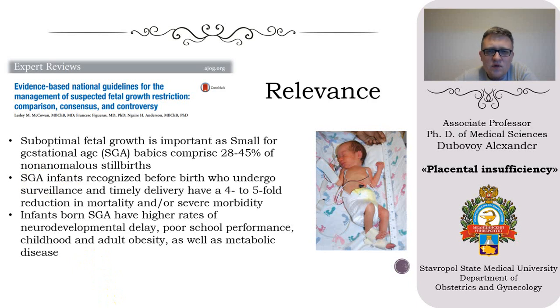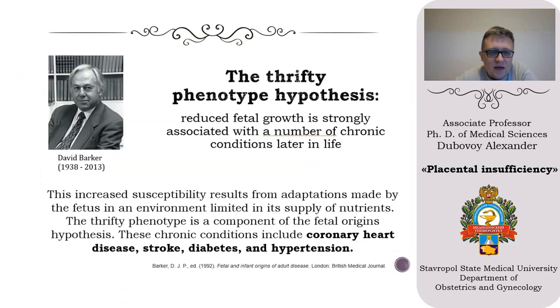And infants born small for gestational age have higher rates of neurodevelopmental delay, poor school performance, childhood and adult obesity, as well as metabolic disease. It's very important to speak about the influence of unfavorable factors affecting the development of the fetus antenatally on its further life after birth.